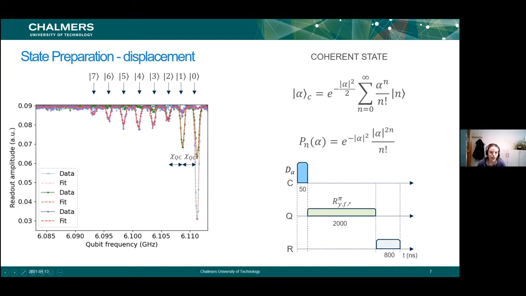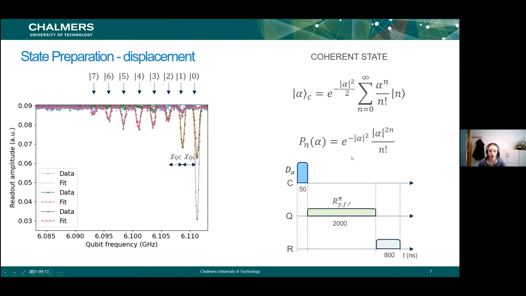And the very nice thing about this is that we can directly read from the area below this peak what is the probability that we will have this certain Fock number. And if we know that we will get a coherent state, so if we fit these probabilities to have certain peaks, we will know exactly which alpha we are making.